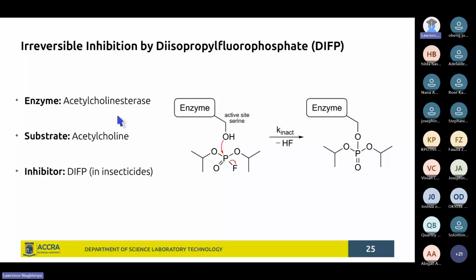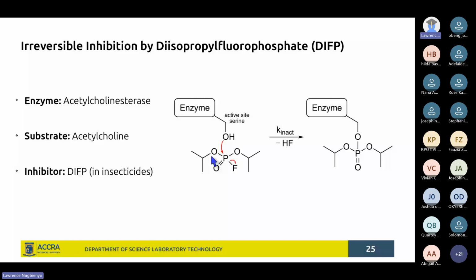And once that enzyme is inactive, it results in a paralytic effect in the insect. The pest will not be able to move. That's why, when some of this pesticide is sprayed on an insect, maybe a cockroach, you just see the cockroach is not able to move, or is at one place turning around, and then it dies because it's not able to move.